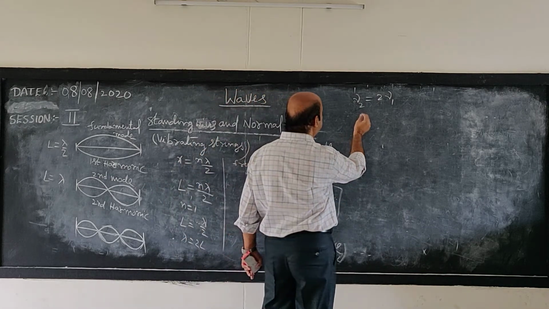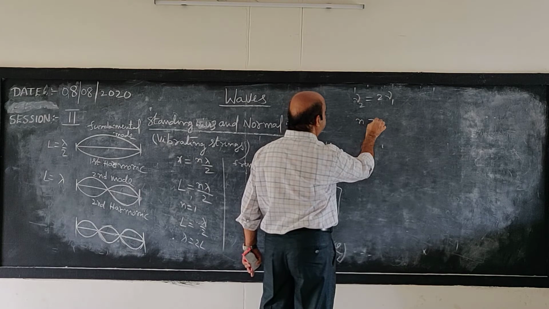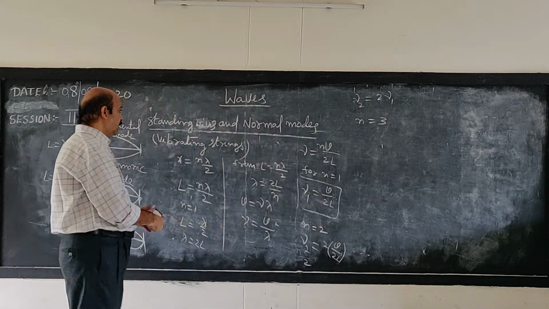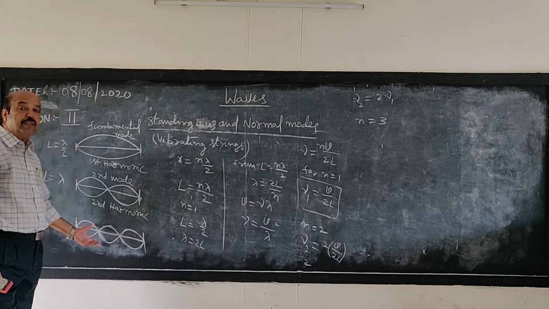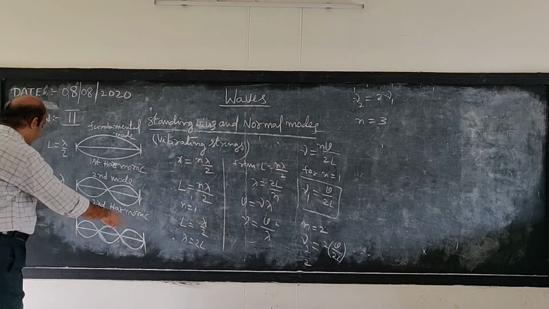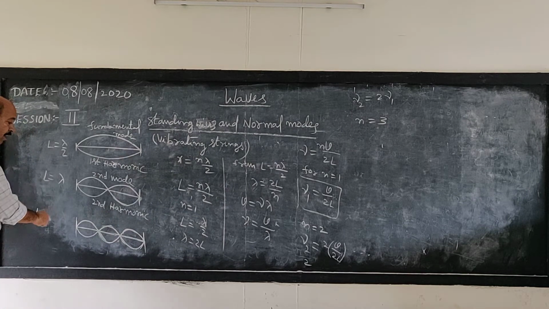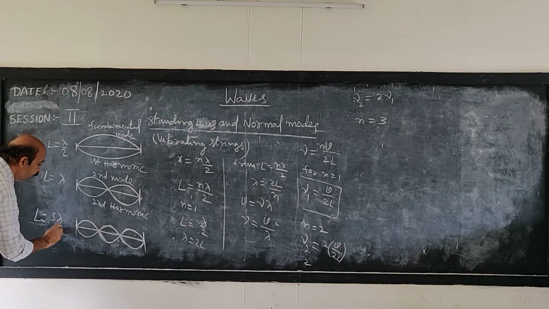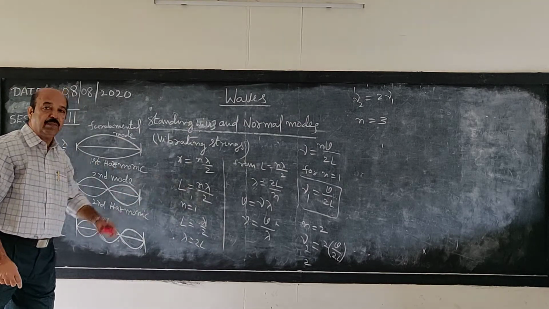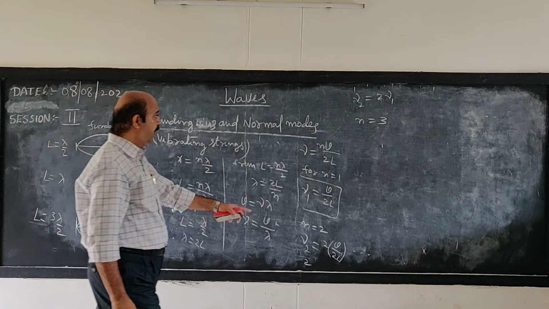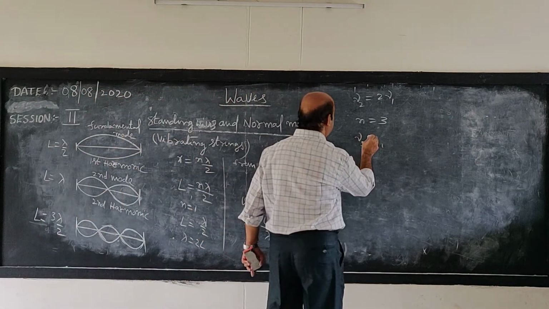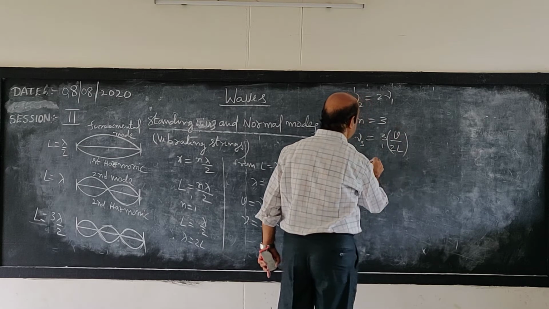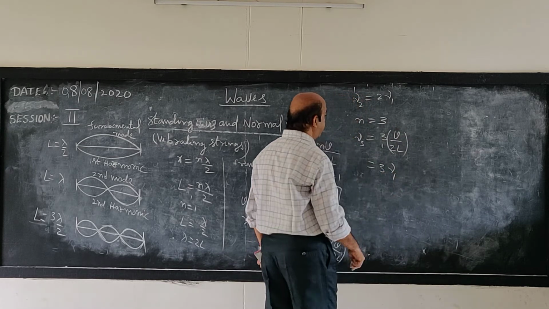Suppose n is taken as 3. Then we can easily say that the string will be vibrating with 3 loops. That means the total length of the string in terms of wavelength will be equal to 3 times lambda by 2, which can be obtained from this formula. So the frequency nu 3 will be equal to 3 times V by 2L, which is nothing but 3 times nu 1.